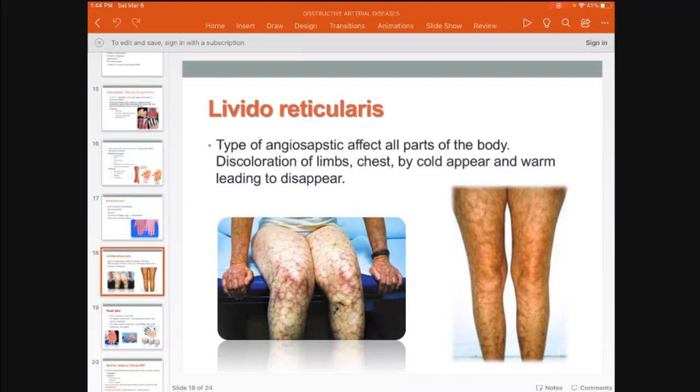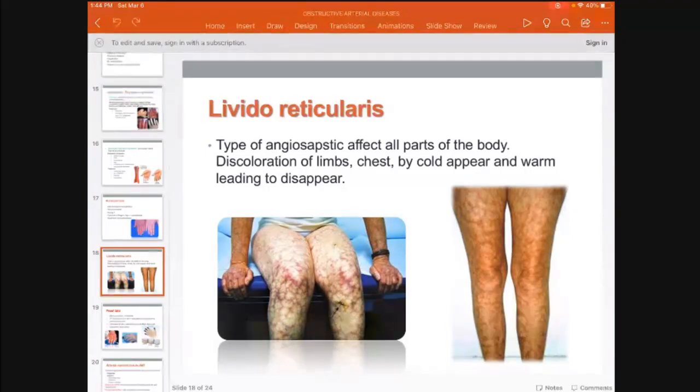Livedo reticularis: livedo means the whole body, while acrocyanosis affects only the extremities. Livedo reticularis is a type of angiospastic disorder affecting all parts of the body, with discoloration of the limbs and chest on exposure to coldness, and it should be treated by warmth of that part, which makes it disappear. It is also painless like acrocyanosis.